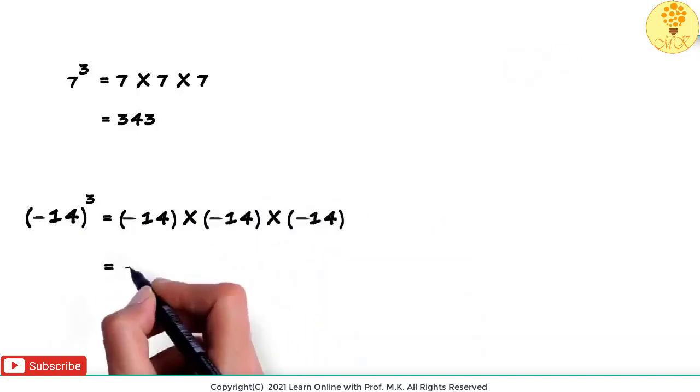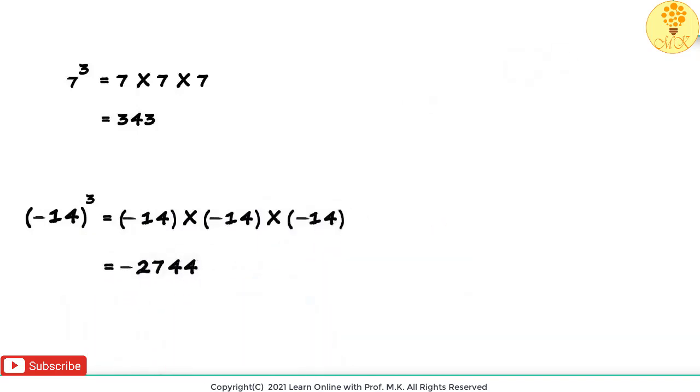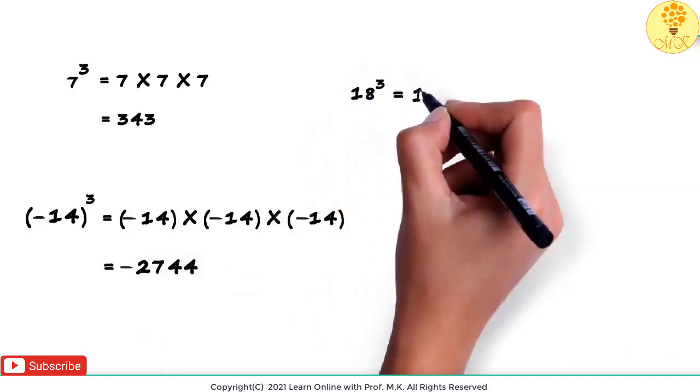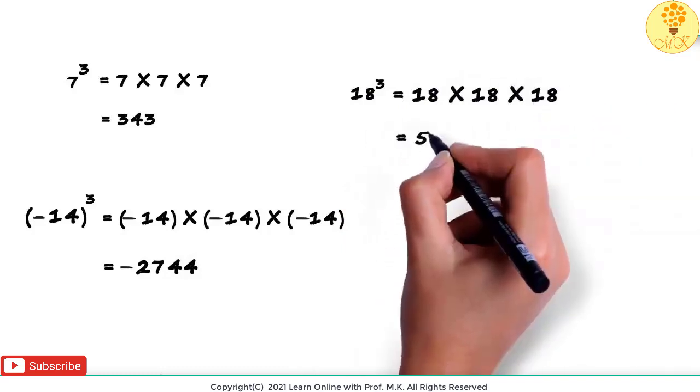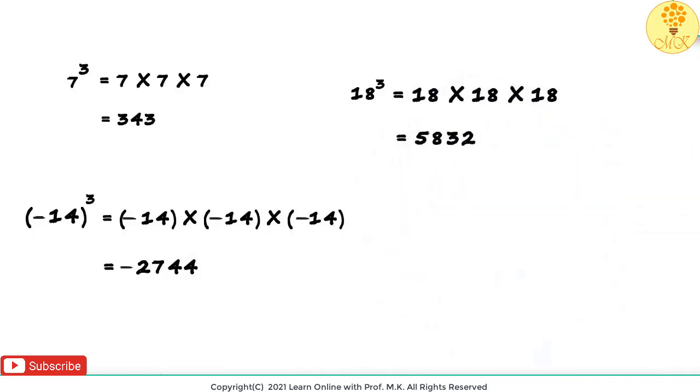That equals minus 2744. And similarly, 18 cubed equals 18 multiplied by 18 multiplied by 18, which equals 5832.